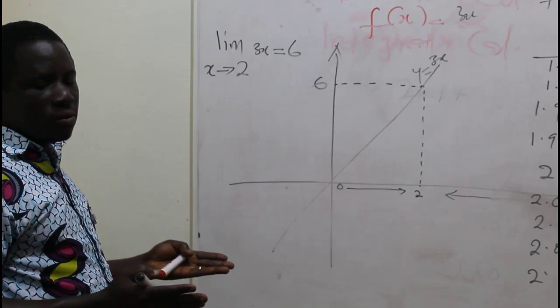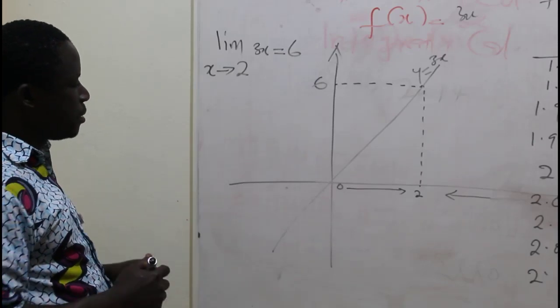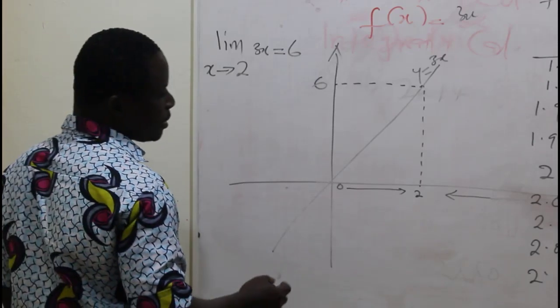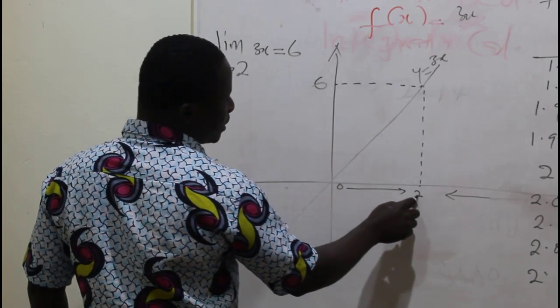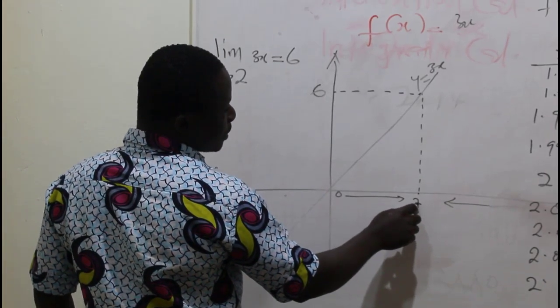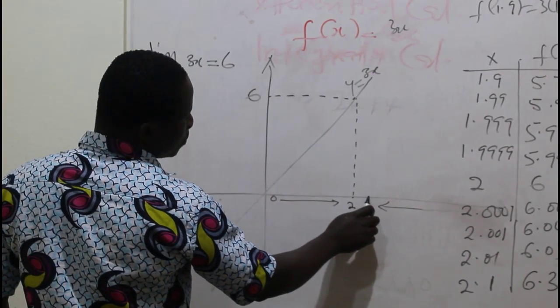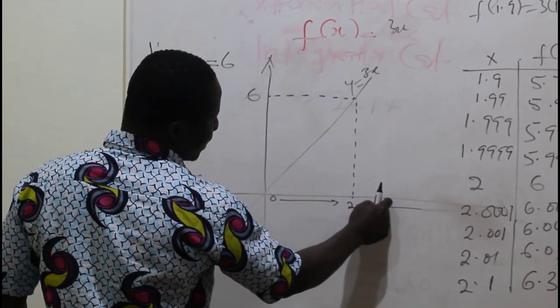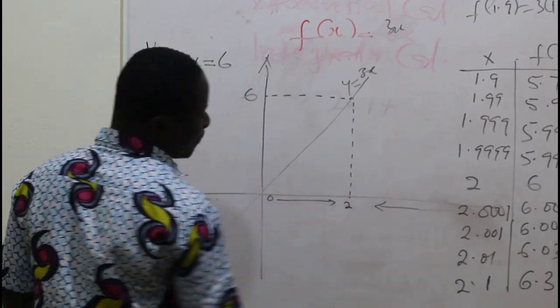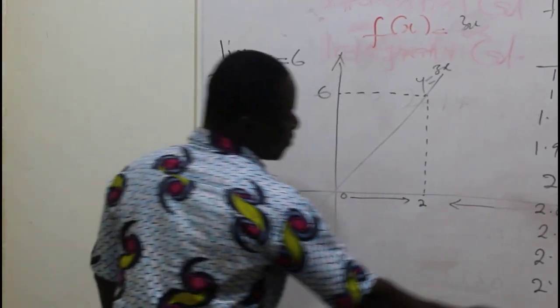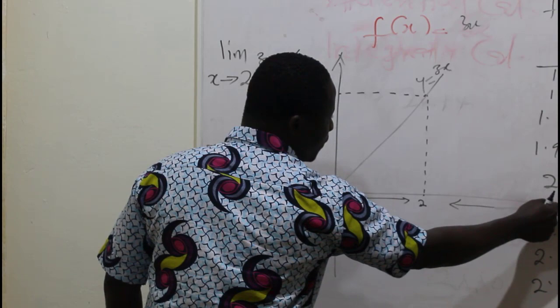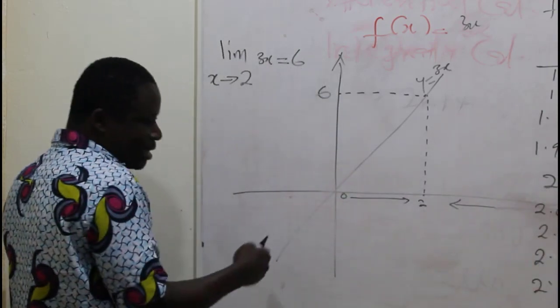It depends which way you want to approach. Don't forget, 2.001 is to the right of 2. So from 2.1, we are moving towards 2 from the right.